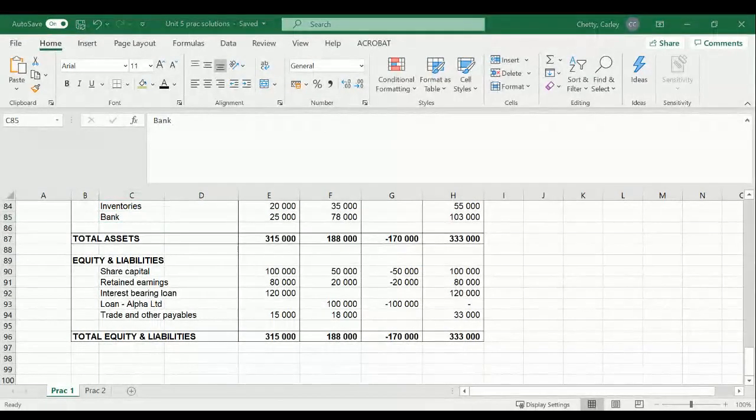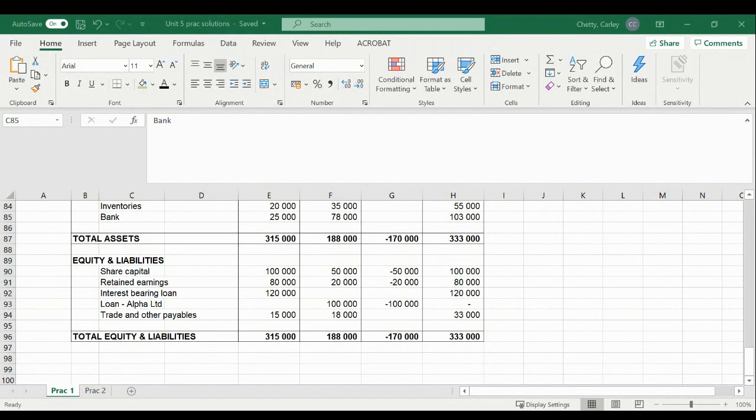So if we have a look at the equity and liabilities, alpha, you can see it has 100,000 Rand share capital in its separate financial statements. And beta has 50,000 Rand in share capital in its separate financial statements.